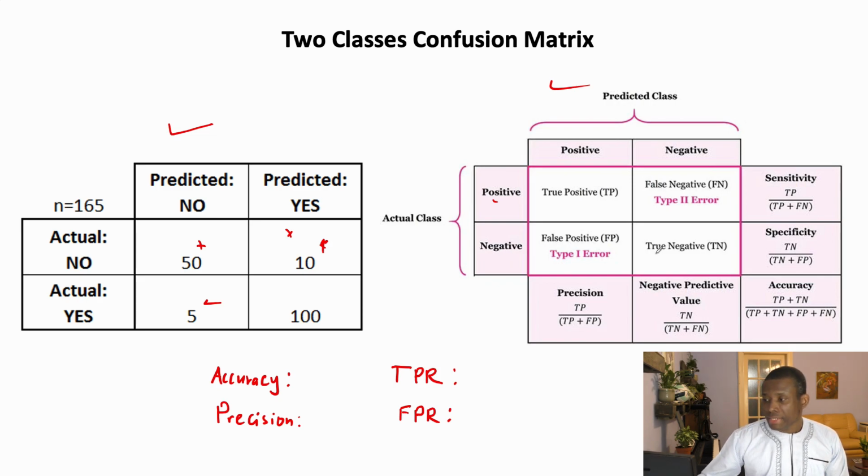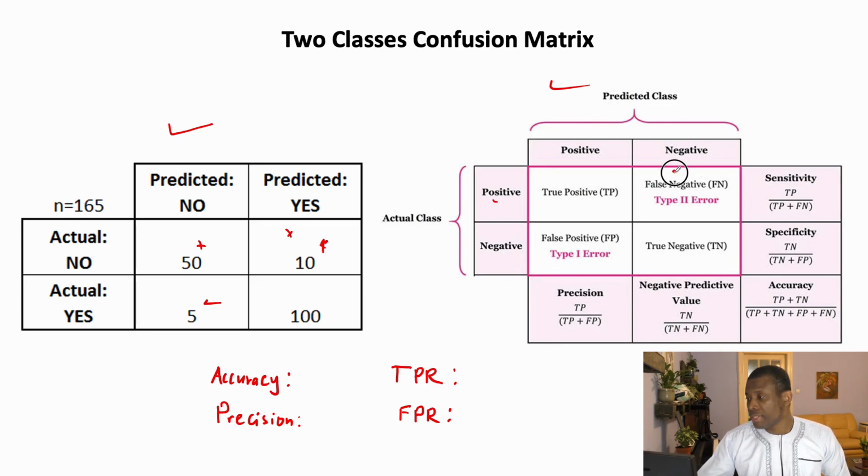However, this one means that if you have a 1 and it's predicted as a 1, it's a true positive. A 1 means the person has COVID and is predicted as COVID, right? It's a positive COVID test and it's predicted as true.